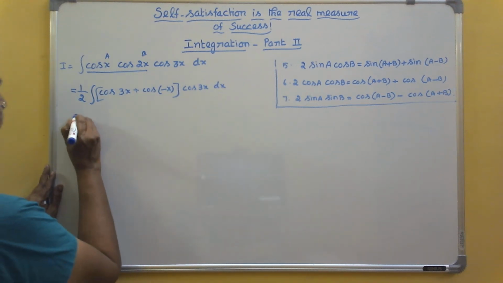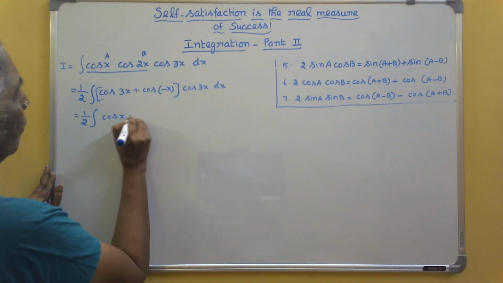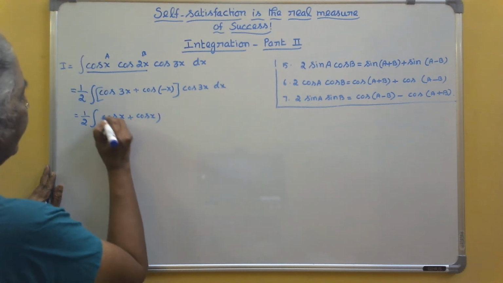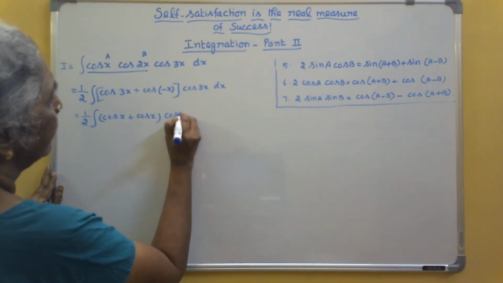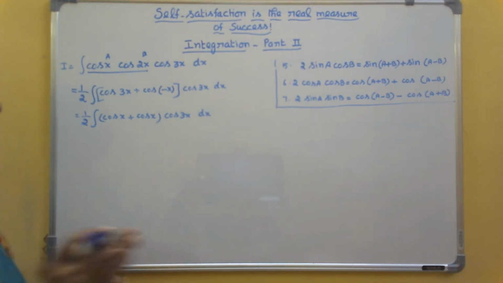So now I will write this as half integral (cos 3x plus cos x), then outside another cos 3x dx. Let us expand the bracket.